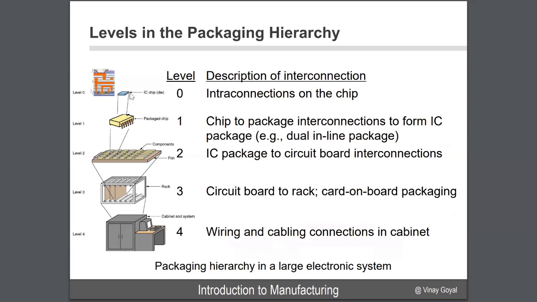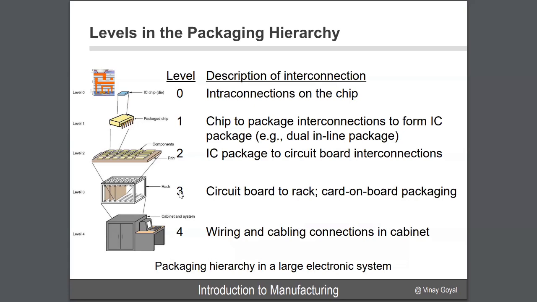Level 0 is the chip die level where you have, as we discussed before, your transistors. Then you have your packaged chip, which is level 1. And this package provides interconnections. We call this a dual inline package. Then you have level 2, where these packaged chips are interconnected on a circuit board with other components.